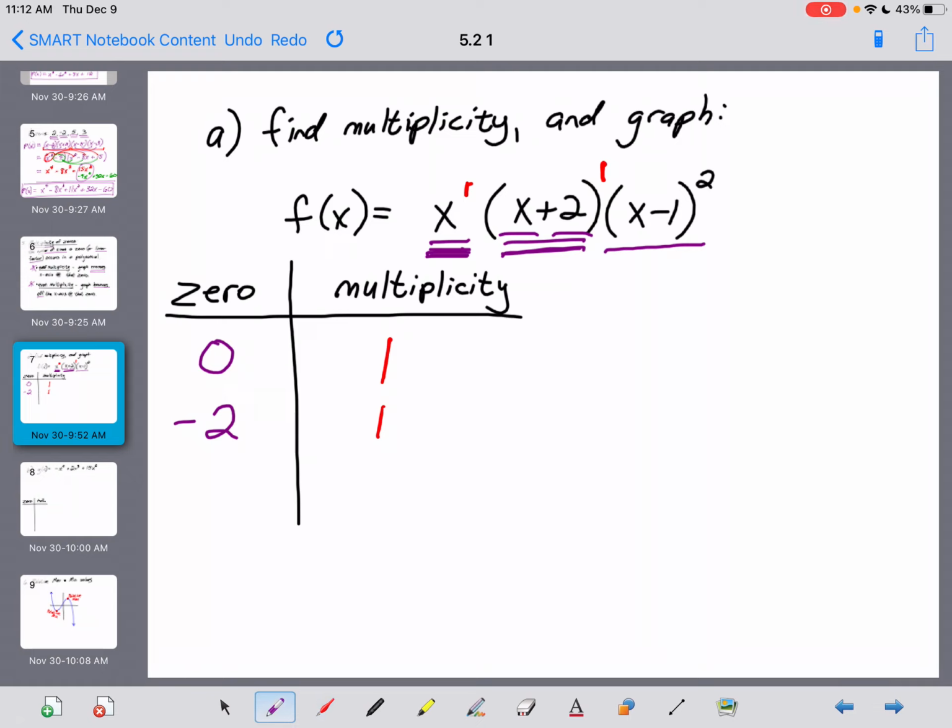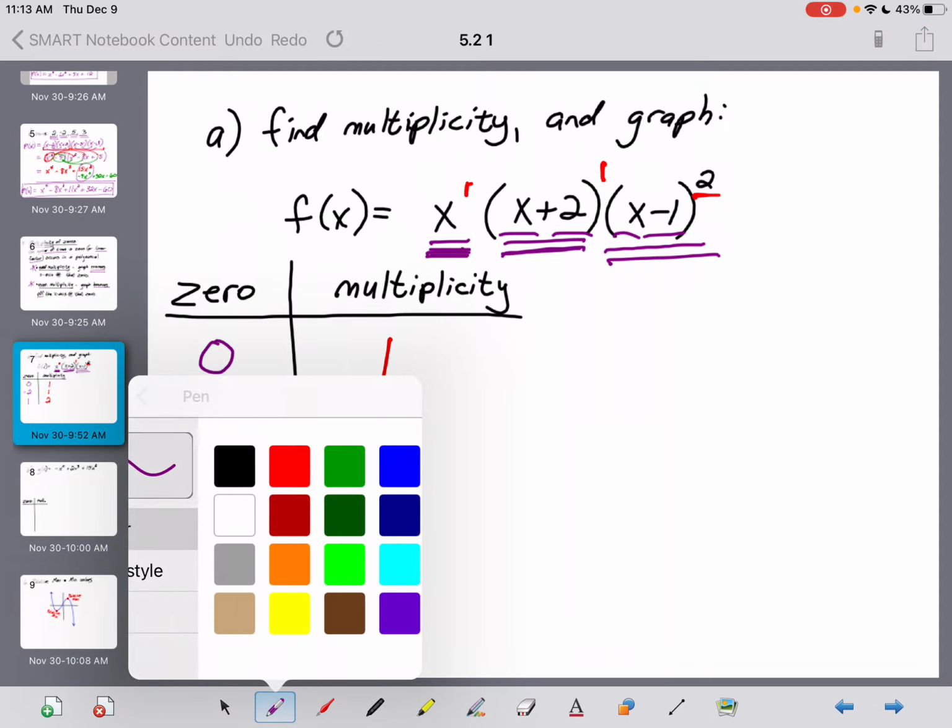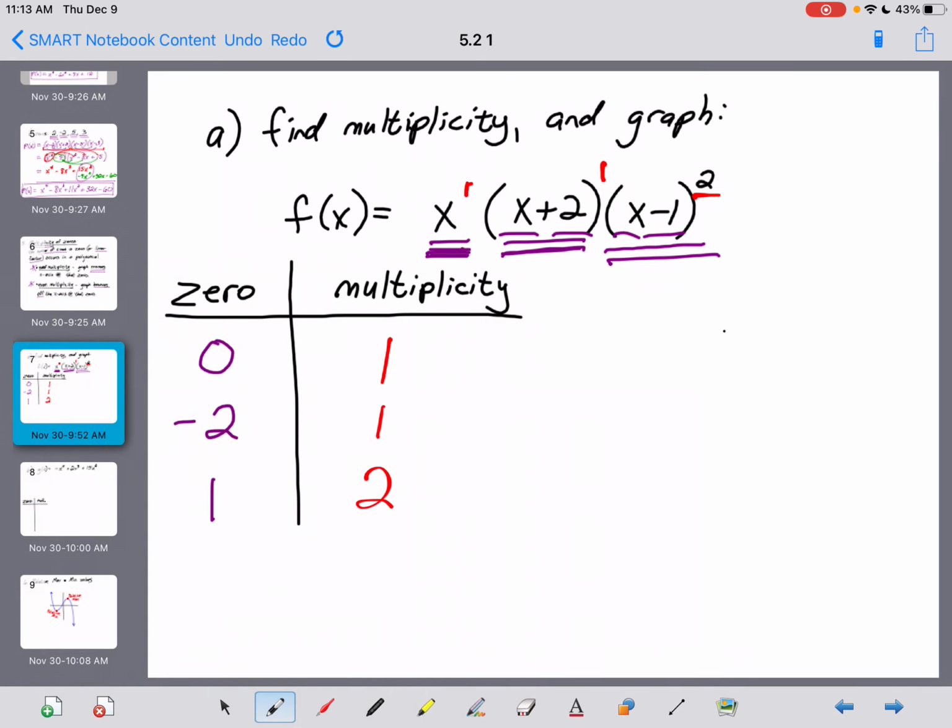But now, the last factor that's listed, x minus 1. X minus 1 would equal 0 if x were 1. 1 minus 1 would be 0. But because there's an exponent of 2 right there, that's the multiplicity of that second 0. And now that we know a little bit about this graph, where its zeros are and what the multiplicity is in each of those cases, let's draw ourselves again a relatively quick graph, and let's see what's going on.